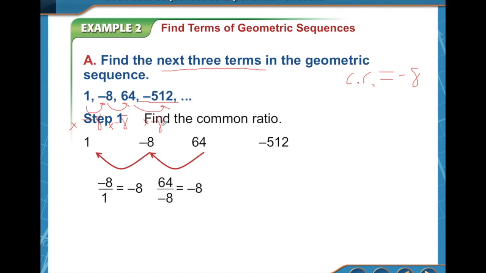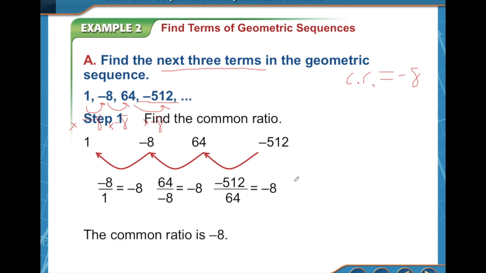So we already said our common ratio we determined was negative 8. You can check that by dividing one term by the previous term, and you get the same value every time. Negative 8, negative 8, negative 8. So our common ratio is negative 8, that we know. So multiply that by your last term and get the next one.